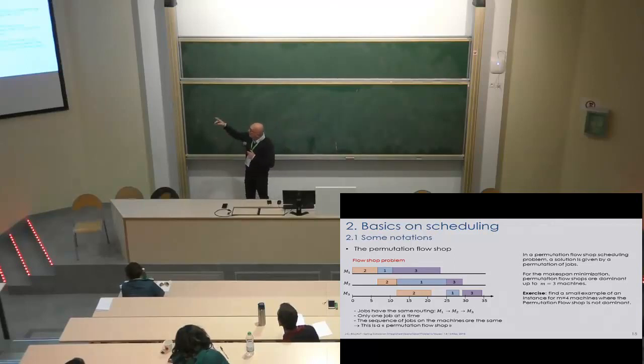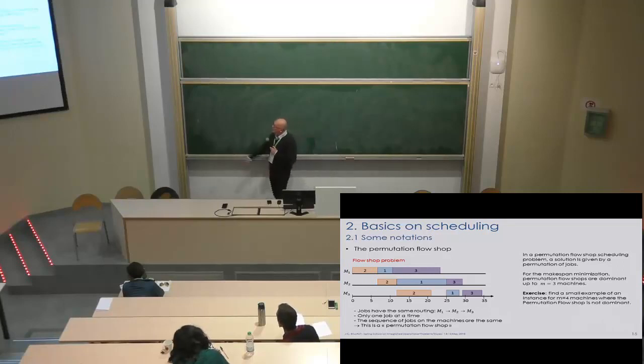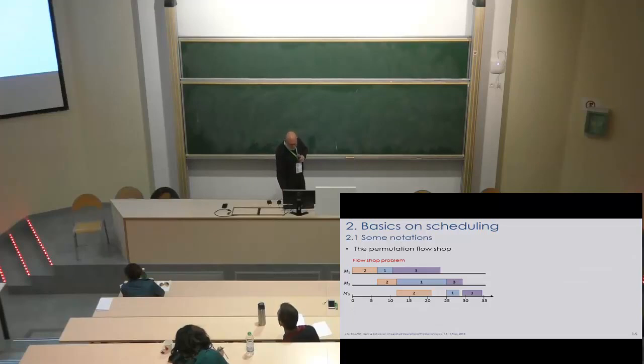But for m equal to 4 machines, permutation schedules are not dominant. It means that sometimes it may be interesting to switch 2 jobs in order to minimize the makespan. I wanted to give you an exercise, I don't know if you have the time, to find such a schedule with 2 jobs. You can do it at home or not.